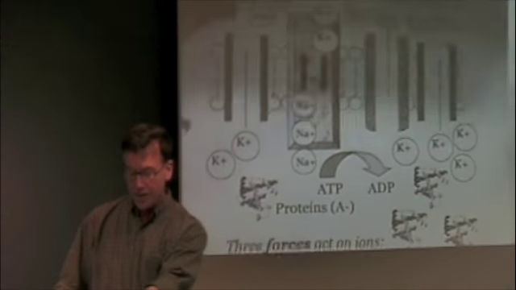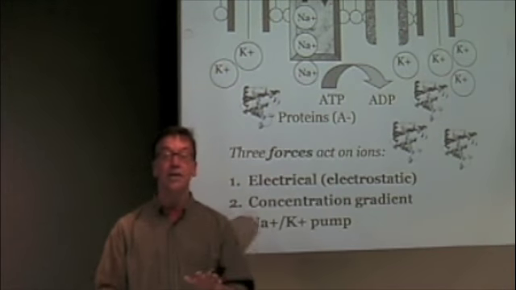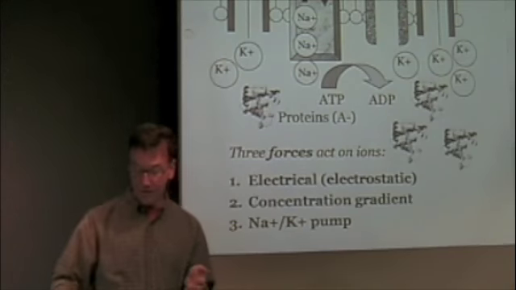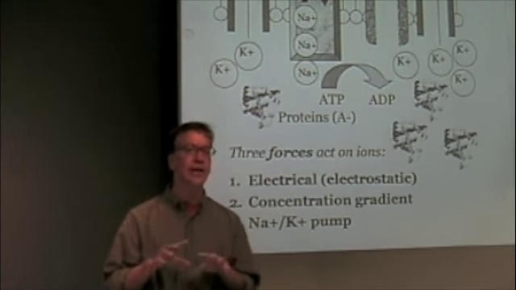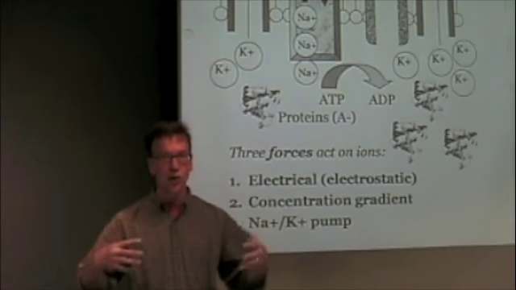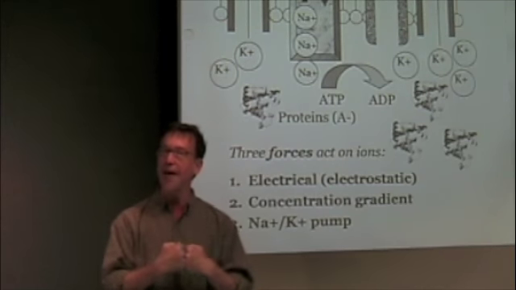It turns out that 3 distinct forces act on ions and determine their general direction of movement, okay? The first force that you need to know is the electrical force, sometimes called the electrostatic force. And this is sort of the classic idea that opposite charges attract, right? And like charges repel.